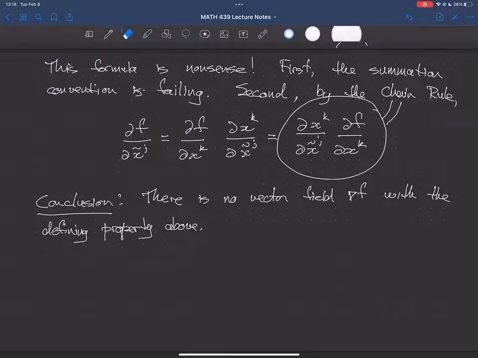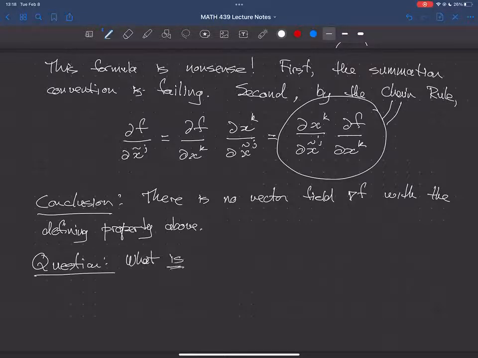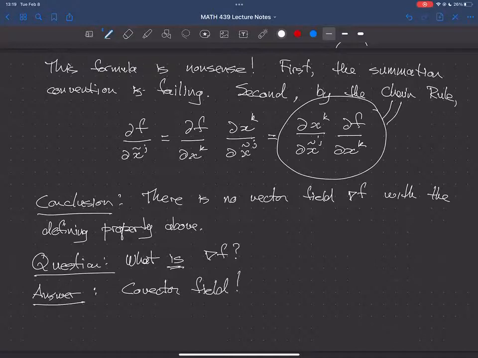So the right question to ask yourself at this point is, what is it, if it's not a vector field? The answer is that it's a covector field. And that's what we'll start talking about next time. Okay, so I will stop our recording.